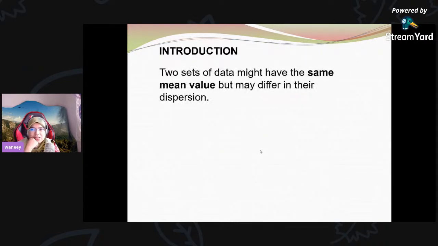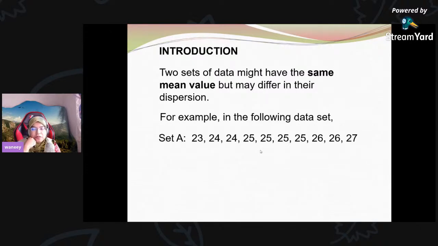Okay, introduction. Two sets of data might have the same mean value but may differ in their dispersion. So we want to see how far they are from the mean value. They might get the same mean, but the data might be far from the mean compared to the others.